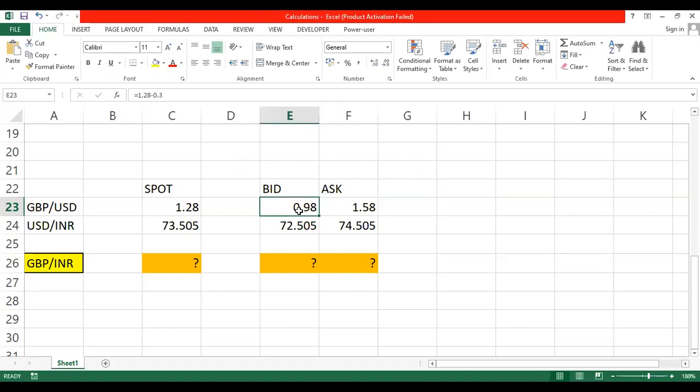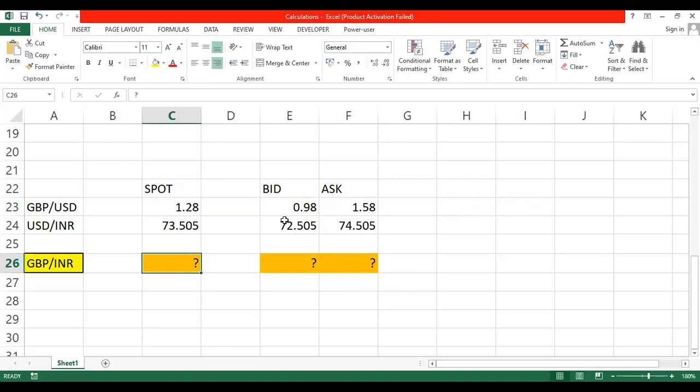Here we just took an example of one bank where the bid and ask price is this. Let's assume for another bank it could be something like 1.38, let's say. For some other bank it could be something different, and for some other bank it could be something different. So every bank has its own bid and ask price, but the spot price remains the same.